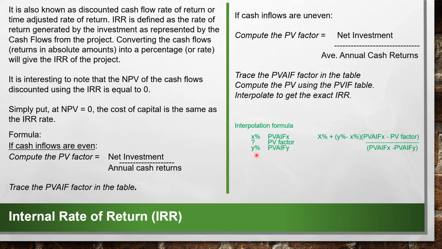So for example, you are using here 5%, then here 6%, so that's 1%. So you multiply that with the answer here. Then you either add that if you use the rate here, or you deduct that if you use the rate at the bottom. So that is how we do interpolation. And this is very important because in our cost of capital, when we compute bonds valuation, we always do interpolation.